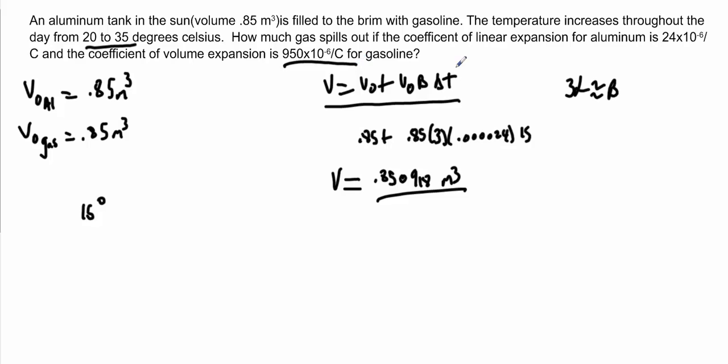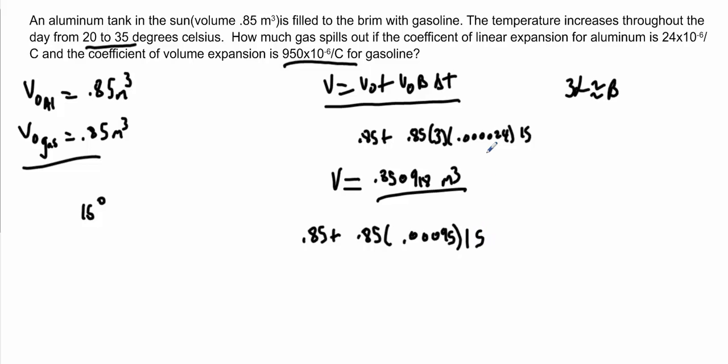So my tank did not expand all that much, but you'll notice the coefficient of expansion for gasoline is about 30 times more or so, maybe 40 times more than that of the aluminum. So if I go to the gasoline, I'm going to take 0.85 plus 0.85 times the coefficient of volume expansion, 0.00095, and I don't have to multiply this one by 3 because it is a volume expansion, times the change in temperature, 15.